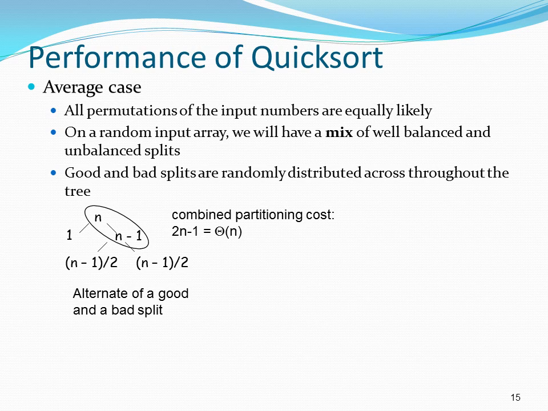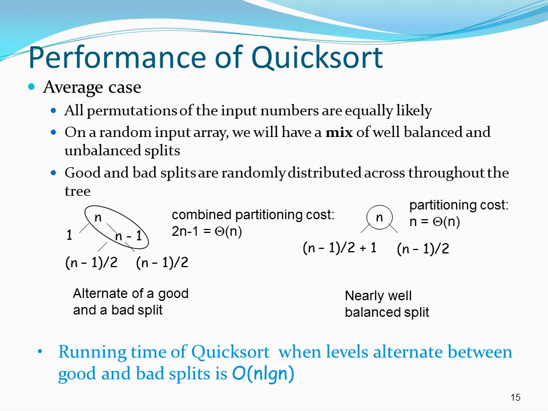So 1 and n minus 1, then n minus 1 by 2 and n minus 1 by 2. The first case splits as 1 and n minus 1. The second time n minus 1 by 2, n minus 1 by 2. So overall it is a nearly well balanced split. So the partition cost is order of n.